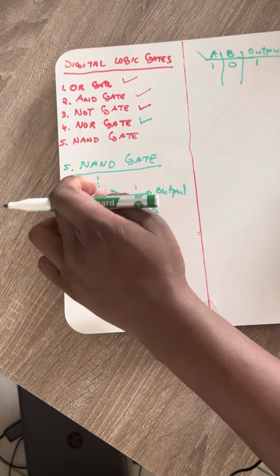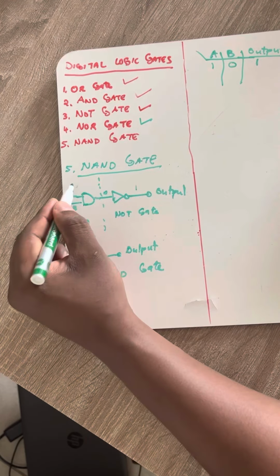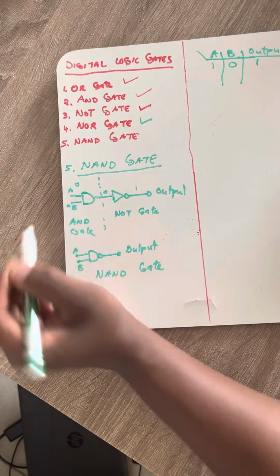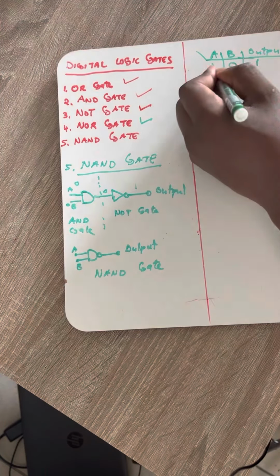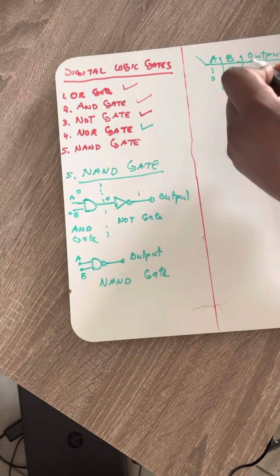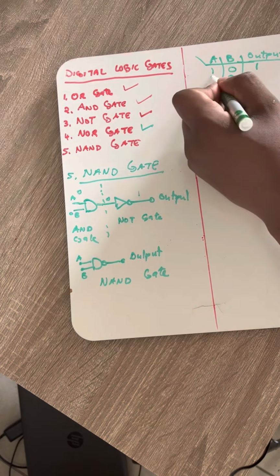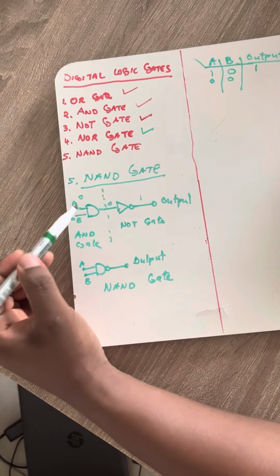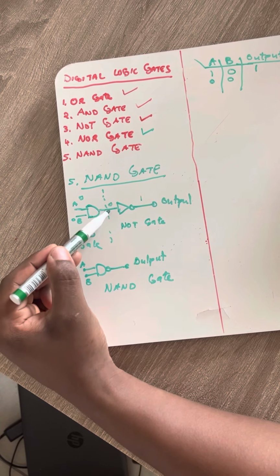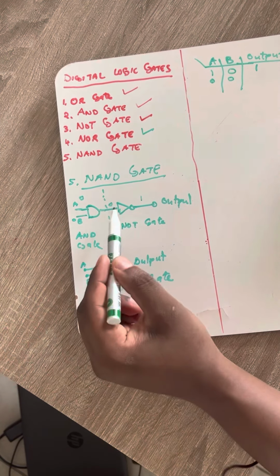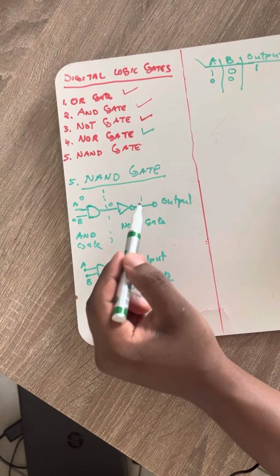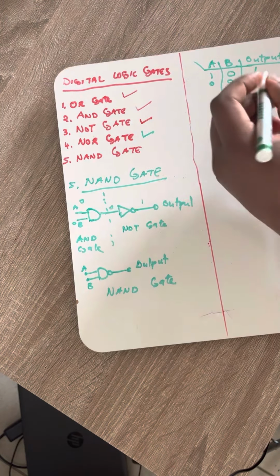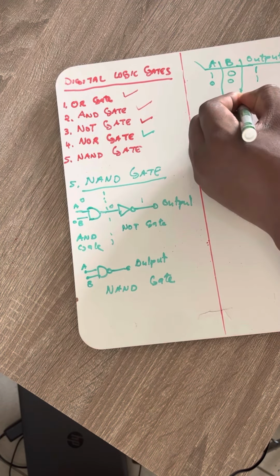Okay. Let's do a 0, 0 input. So A will be 0, B will be 0. So it's A times B, that will give you 0, right? So what is the inverse of 0? That will give you 1. So it's going to be 1, okay?